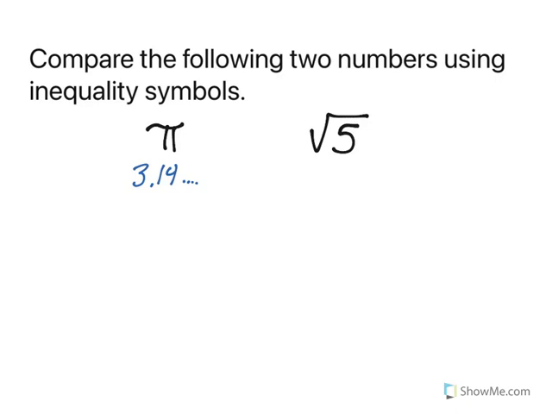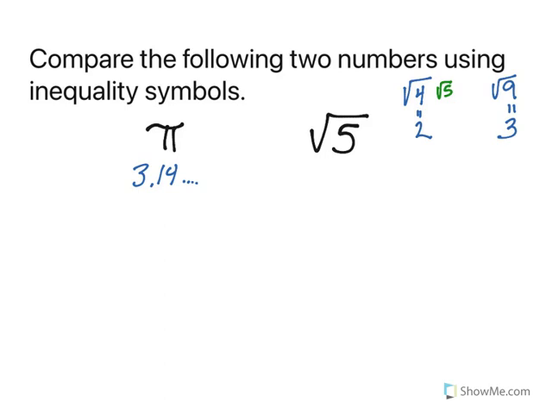So what do we know about square roots? Well, I know the square root of 4 is the same as 2, and the next perfect square is 9, so the square root of 9 is 3. So that means the square root of 5 falls between those. Now, it's closer to 4 than it is to 9, so it's going to be somewhere between 2 and 3, closer to 2.